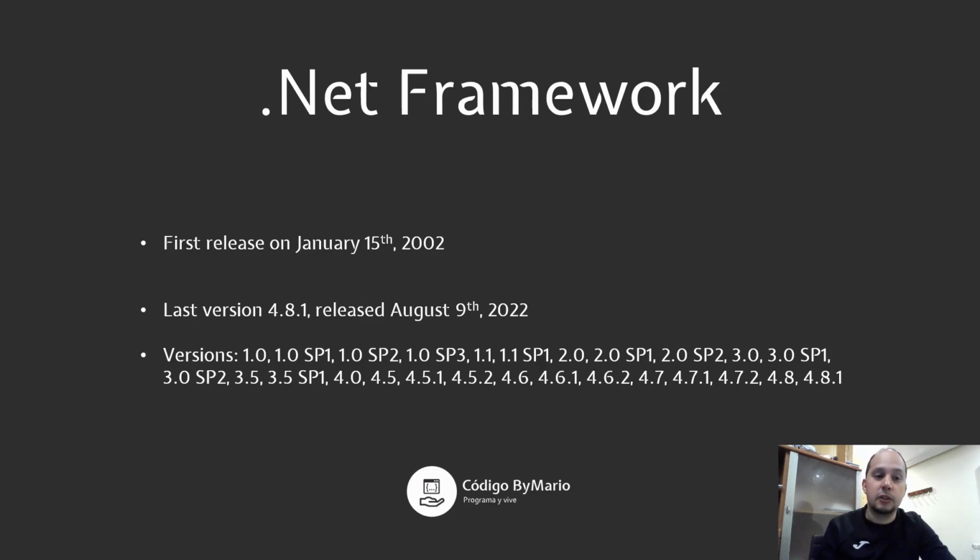It goes from 1.0, and 1.0 has the old updating methodology from Microsoft, which is with service packs. It has Service Pack 1, Service Pack 2, Service Pack 3. And well, there it goes until we get to, for example, 4.0, 4.5, and all the way until 4.8.1. So that's .NET Framework.